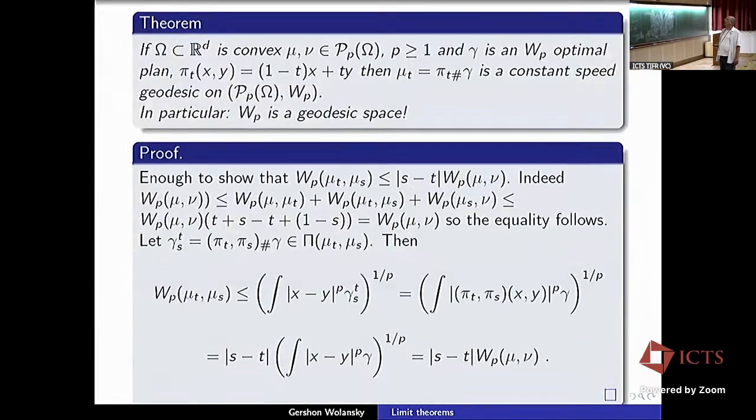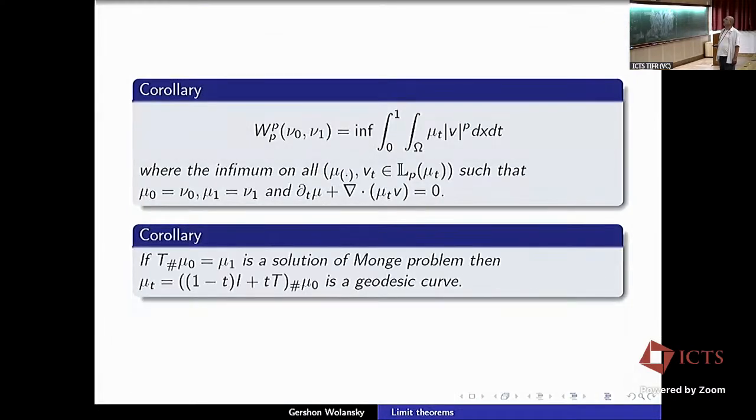So we already have this. And the corollary which I also mentioned, that I write here explicitly, is that we can characterize the Wasserstein distance between two measures in a dynamical way, by taking the infimum of this energy. So we look for all paths of measures connecting nu0 to nu1, which satisfy the continuity equation with respect to this v.